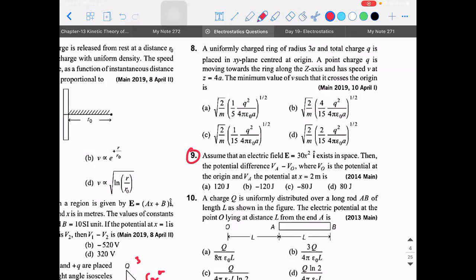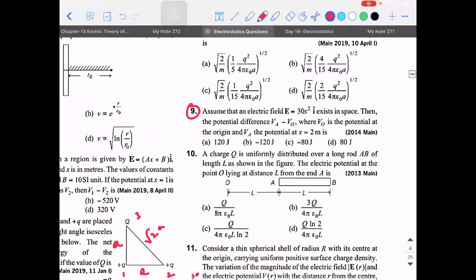Anybody with the answer? Is it that tough?